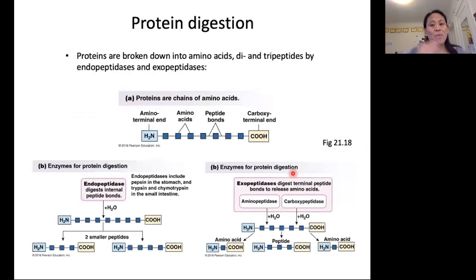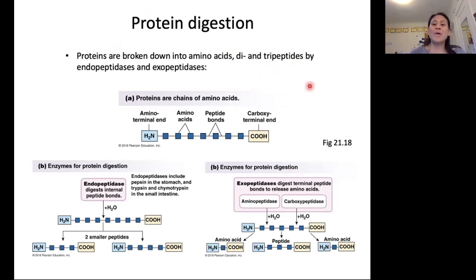All right, so that was our carbohydrates. Now let's take a look at how we digest and absorb proteins. Our proteins are broken down into individual parts, so single amino acids or very short peptides like di and tripeptides, and occasionally slightly longer peptides as well.